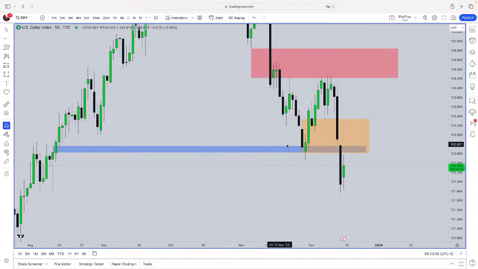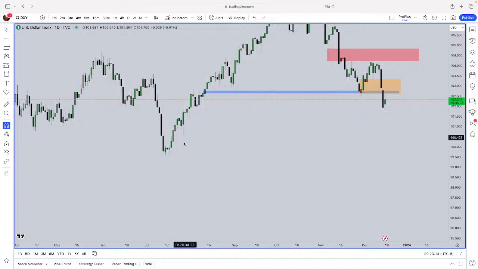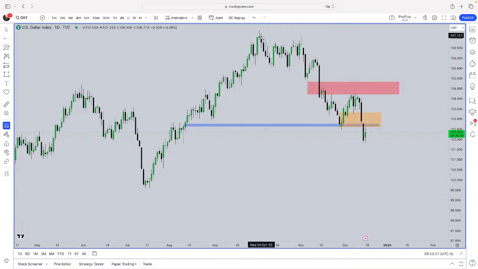If that makes an inversion fair value gap and a bearish breaker, that'd be nice for price to then trade lower down to these sell side and inefficiency sell side here.